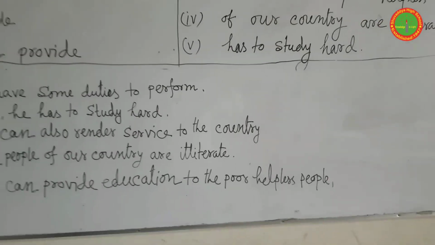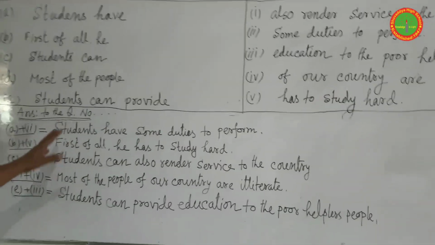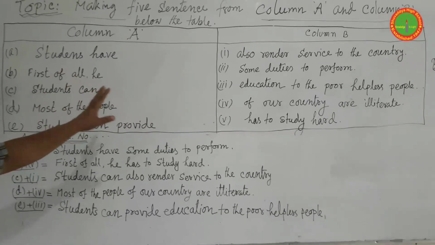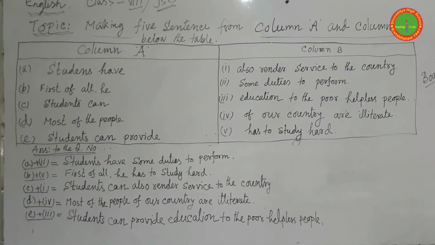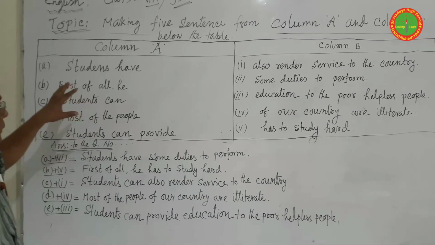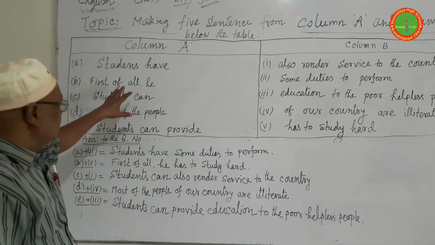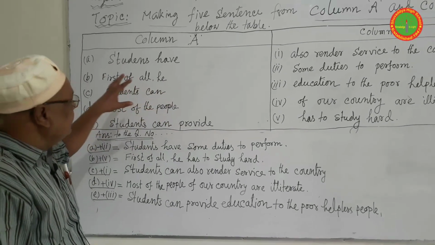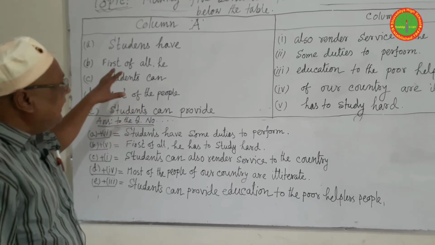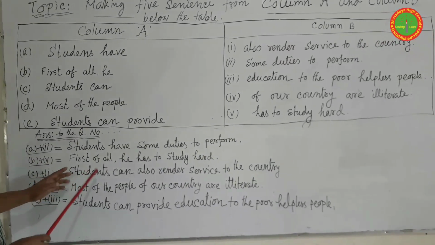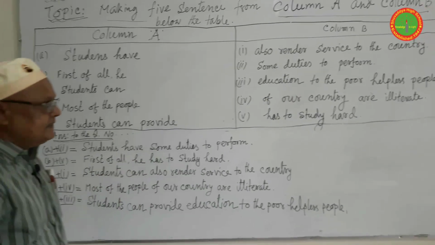Thus, we make 5 sentences from the table, column A and column B. You must remember what the topic is about the table, and try to realize it, and you must try to make sentences.